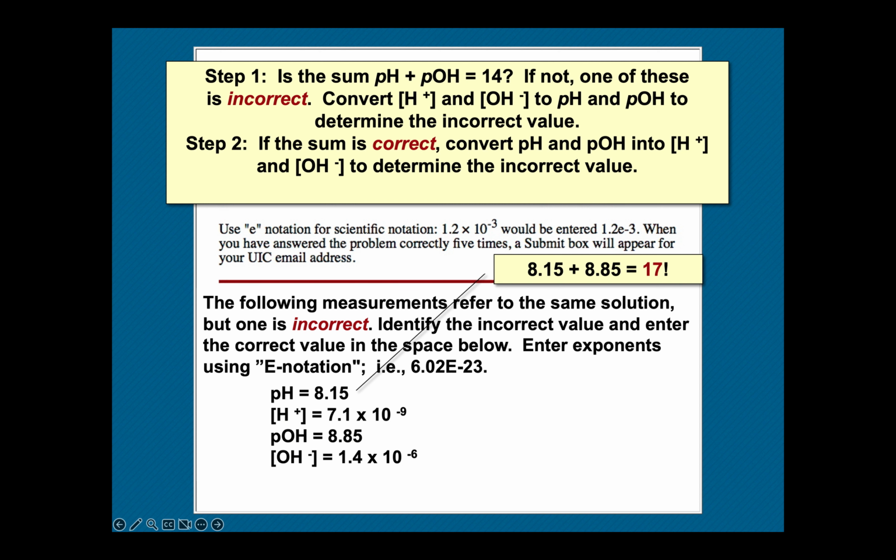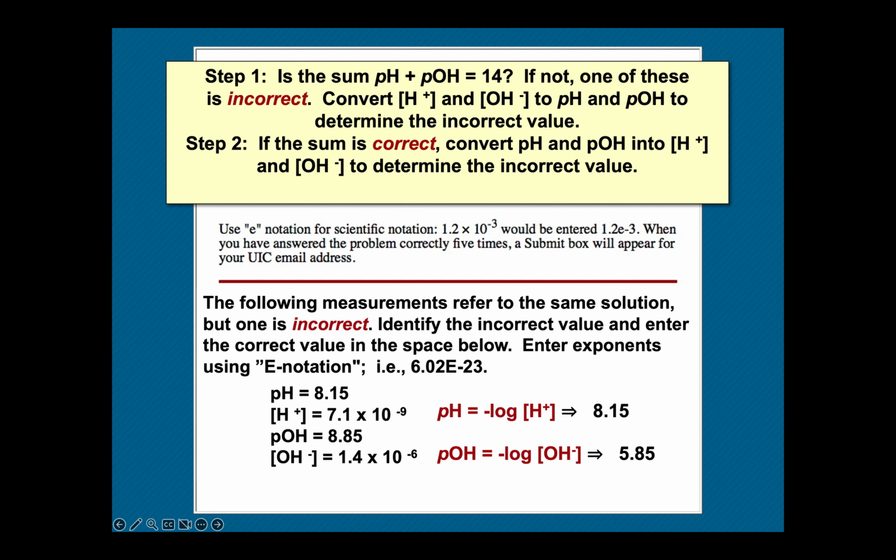So, take hydronium. Going to take its negative log. We get 8.15. That means that this guy was wrong. Take hydroxide. Get pOH, 5.85, not that. This is what you would enter on Blackboard. So just follow the very simple steps, step 1 and step 2, and figure out which is wrong.